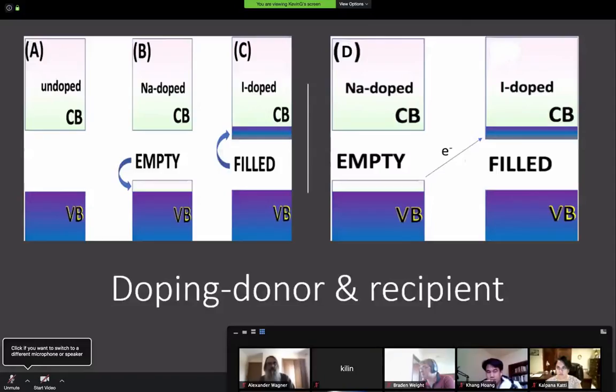If we remember from the periodic table, sodium has one extra valence electron, and iodine needs an extra valence electron to complete its shell. So sodium, the donor, is donating its electron to iodine, the recipient, so it can fill its outer shell. This is the doping process in a nutshell.